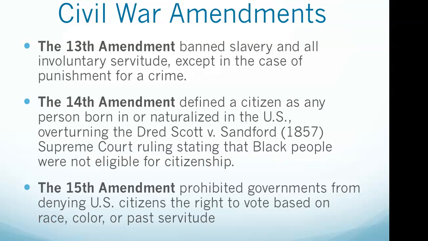The 14th Amendment defined a citizen as any person born in or naturalized in the U.S., overturning the Dred Scott v. Sandford Supreme Court ruling in 1857, stating that black people were not eligible for citizenship. And the 15th Amendment prohibited governments from denying U.S. citizens the right to vote based on race, color, or past servitude.